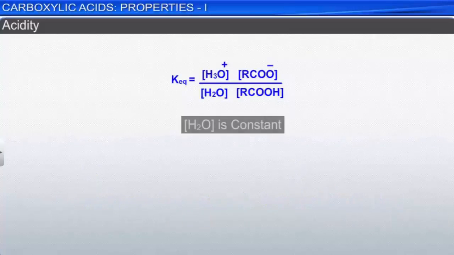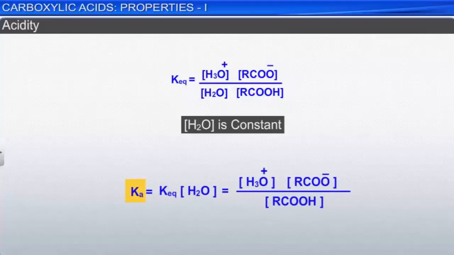Since the concentration of water remains almost constant, we can combine it with Keq to obtain the expression Ka is equal to Keq multiplied by the concentration of H2O, which is equal to the product of the concentrations of RCOO- and H3O+, divided by the concentration of RCOOH.